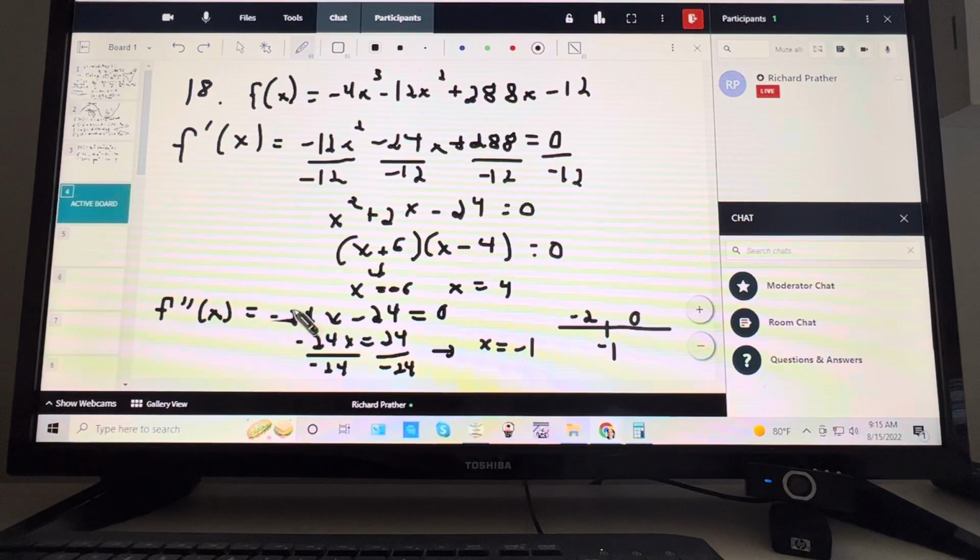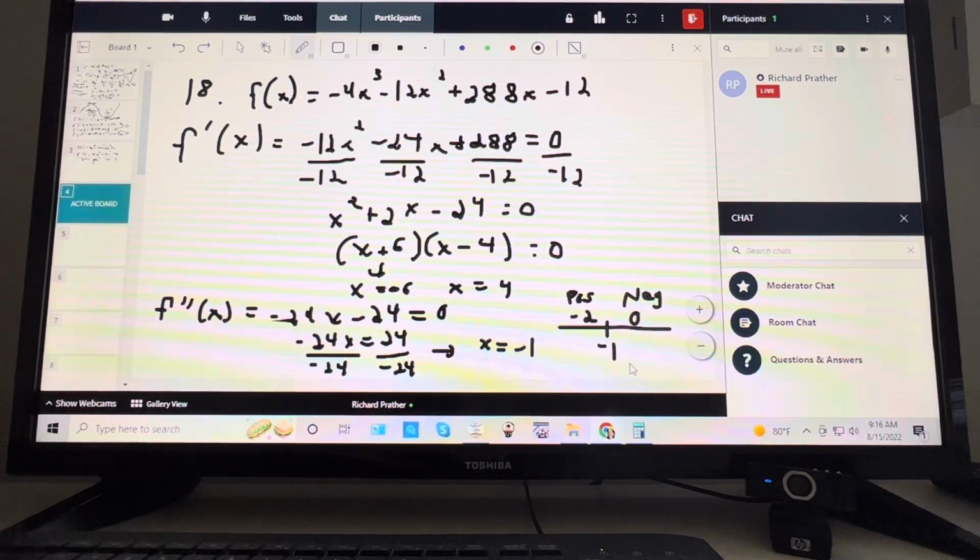If I plug that into the second derivative, that'll tell me when the graph's concave up and concave down. So plug in -2, you would get positive 48 minus 24, that's 24. So the second derivative is positive all the way until you get to -1, and then when you plug 0 in, you just get -24. So there is an inflection point at x equals -1.